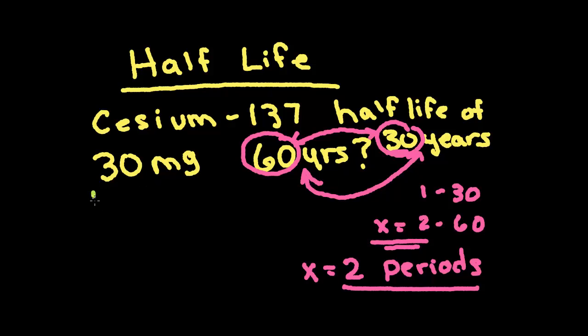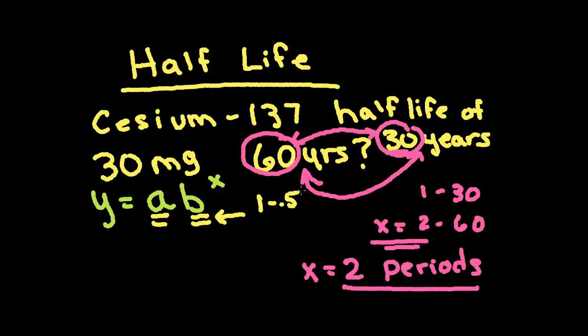Well, half-life falls under this same formula, but it's already in the condensed version form. A here is that initial amount. B is the rate at which we're changing. And the rate we're changing here, if we're cutting something in half, is we are essentially doing 1 minus 0.5.